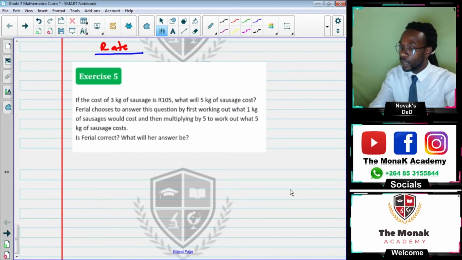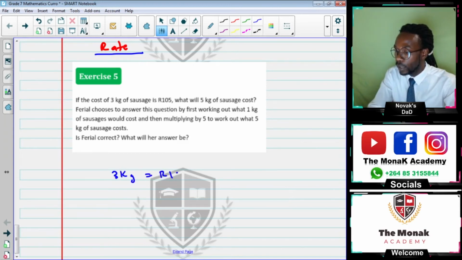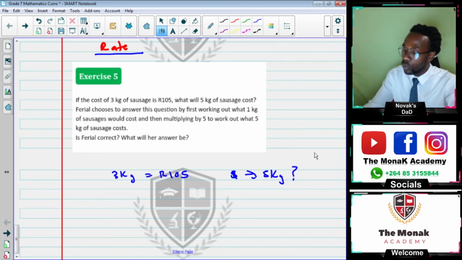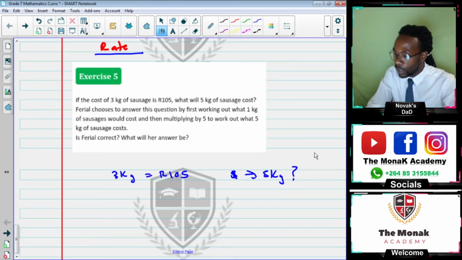So like we are saying, we are told 3 kg equals 105 rand. Now the question is, how much will 5 kg cost? So here, if we want to know what 1 kg is costing, how do we get 1?